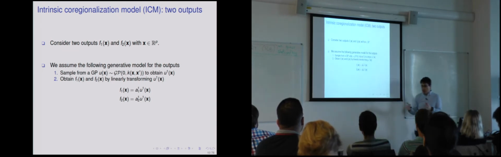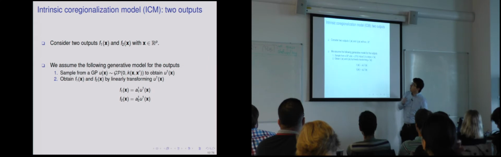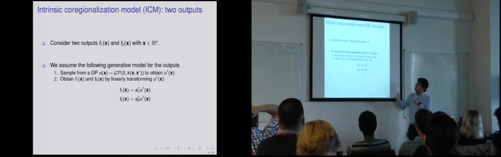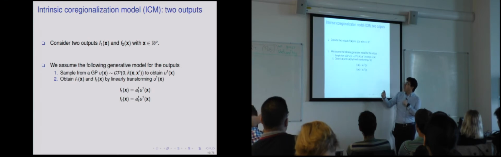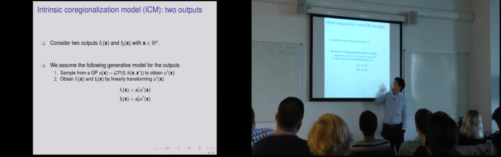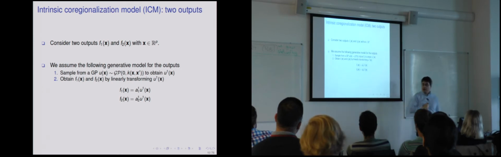We sample from that process and we obtain a sample which is u^1(x). We take that sample and we transform it, scaling it by this coefficient, a subscript 1 superscript 1, to represent one of the outputs, f1(x).